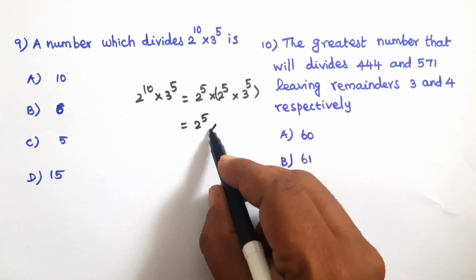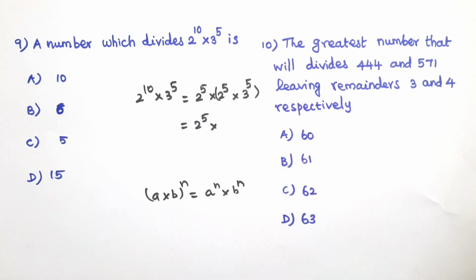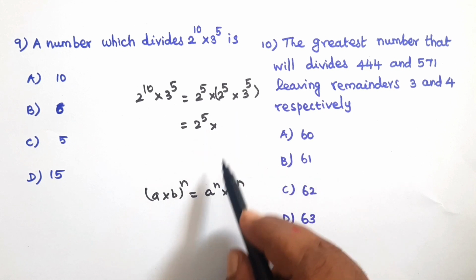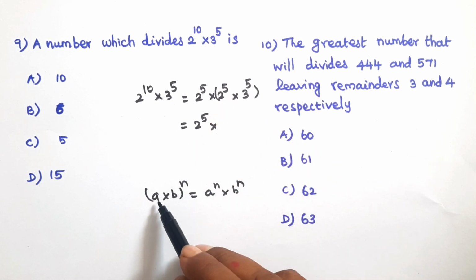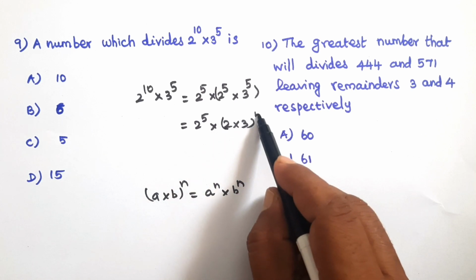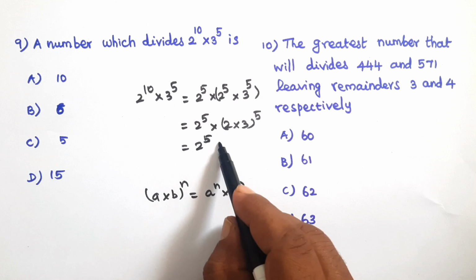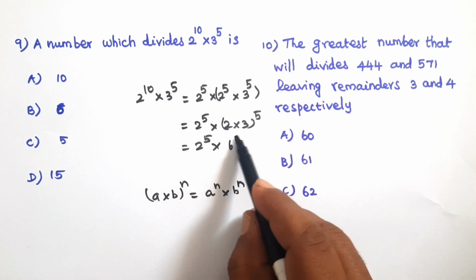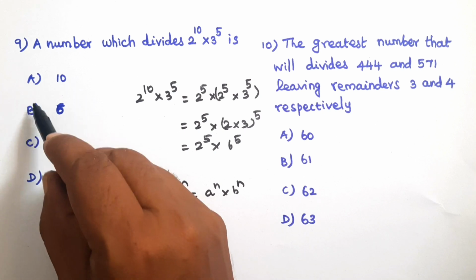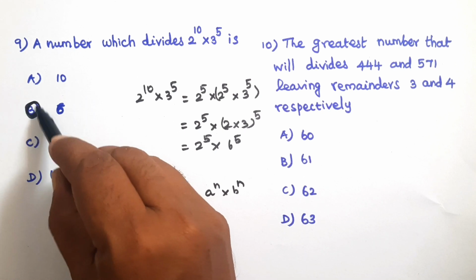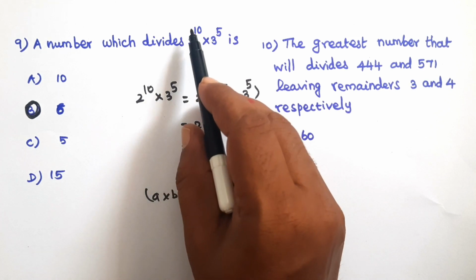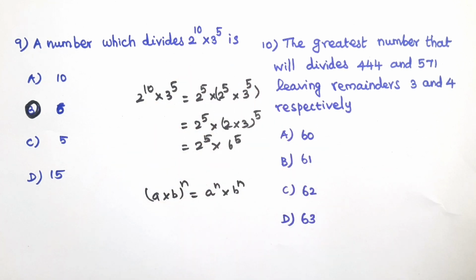Using the formula a power n, b power n, we get a into b whole power n. 2 into 3 whole power 5, we get 2 power 5 into 6 power 5. This number is divisible by 6, so 6 is the correct answer. 6 divides the number 2 power 10 into 3 power 5.